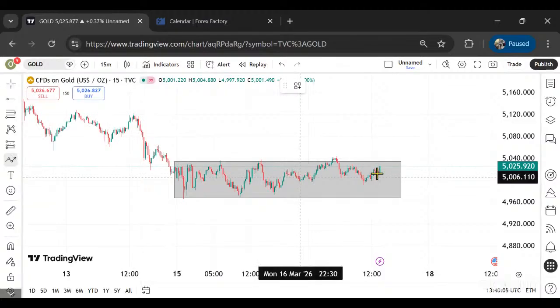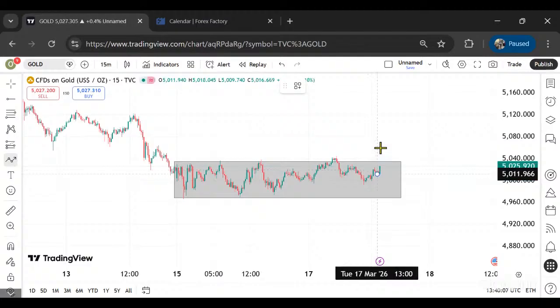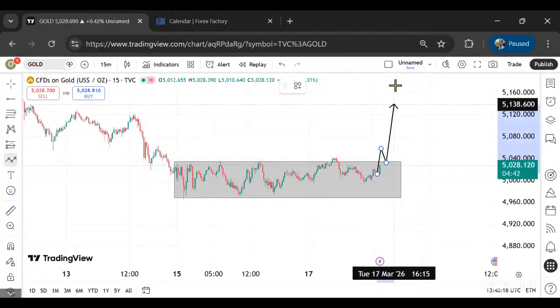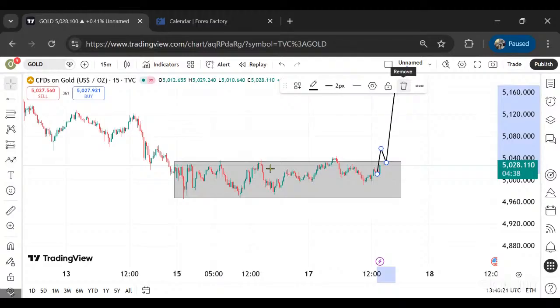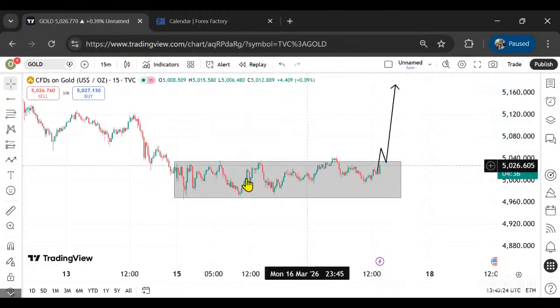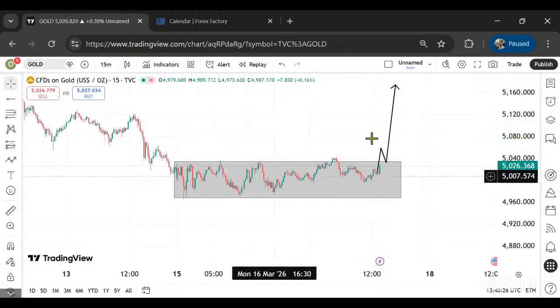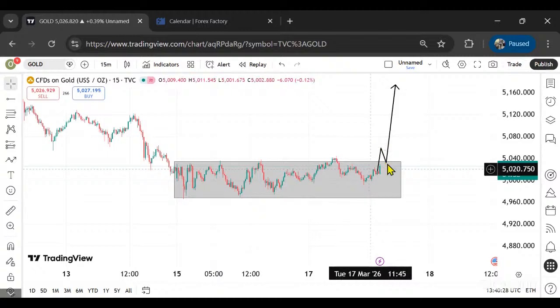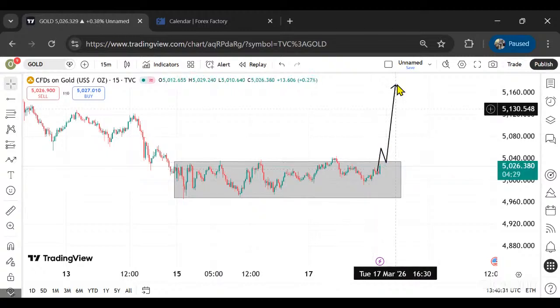I'm expecting the market to come and break out here, then maybe a small retracement down, then we buy to the upside. So a breakout from the range, then the market will go up and retest on top, then we buy. That is what I'm expecting on gold.